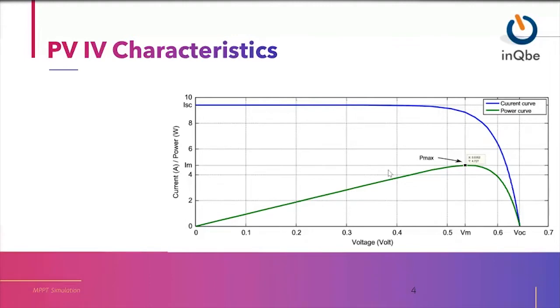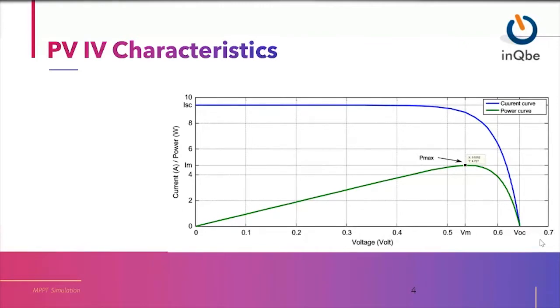The green curve is known as the power curve. When the terminal voltage or current varies, power will vary, looking like a hill. There is a top, and that top point is called the maximum power point.